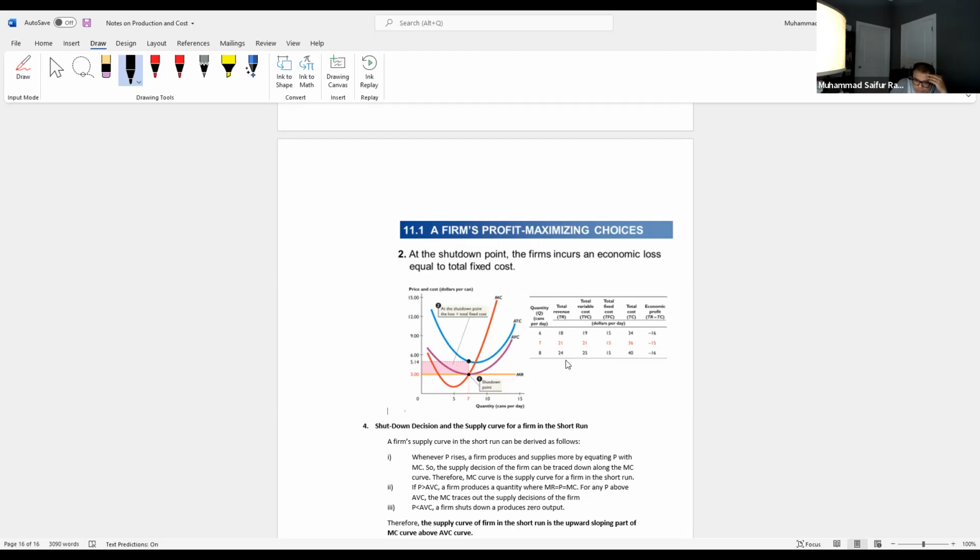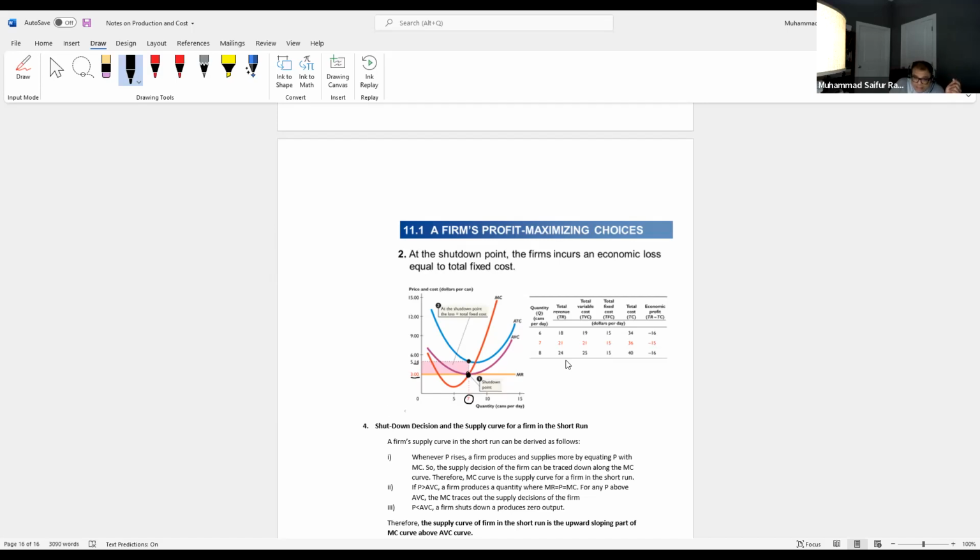So our profit maximization is found at the intersection between marginal cost and marginal revenue. Our so-called profit maximization output is 7, but this output is not generating profit, as you can see, because at that output level, your average cost is $14 and your price is $3. So your average cost is way more than your price.